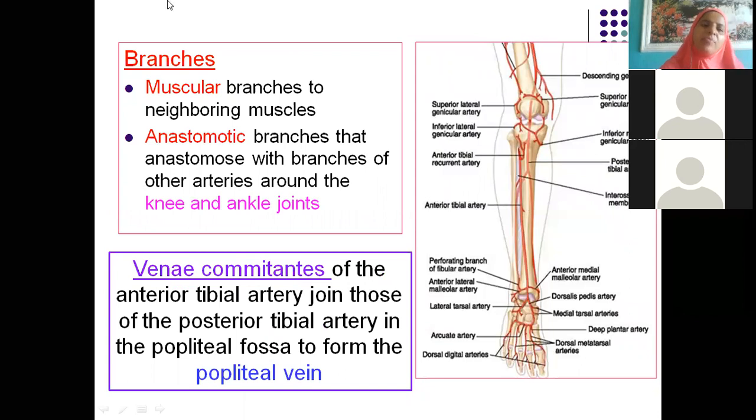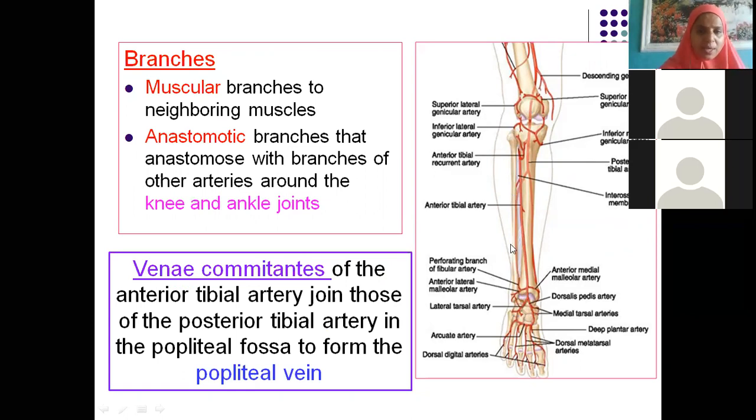Now coming to, obviously anterior tibial artery will supply all the muscles of the front of the leg. Those are the muscular branches, neighboring muscles also. It has anastomotic branches which we saw when we were doing knee joint. It will give some anastomotic branches around the ankle joint as well. Venae comitantes, because it's quite a big artery, you should have seen also if you can recollect.